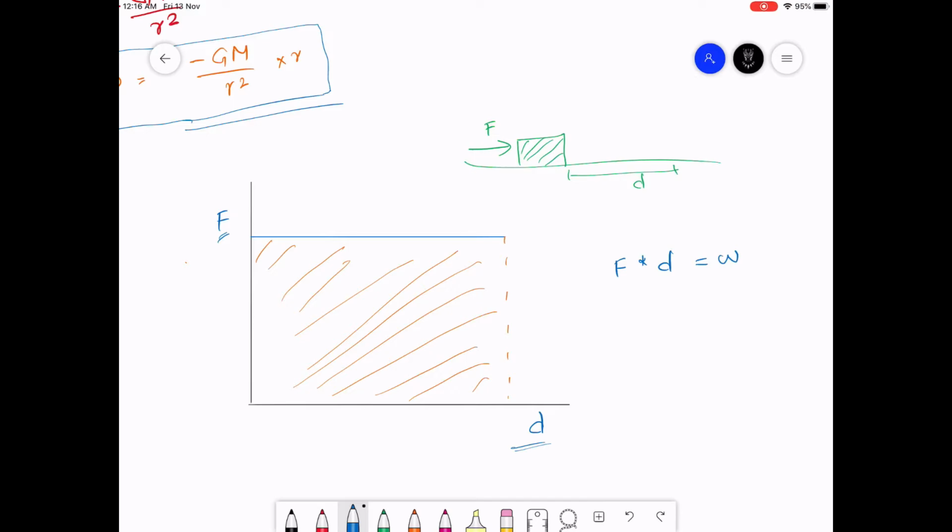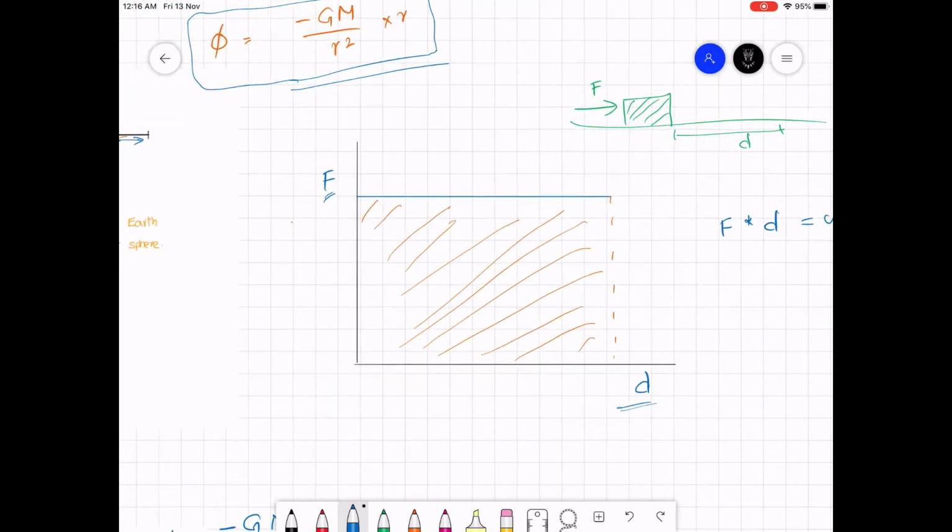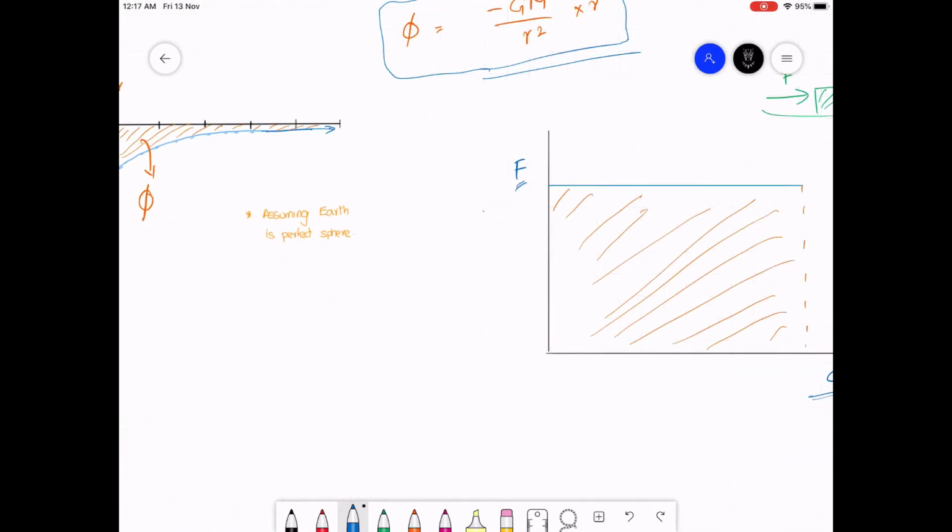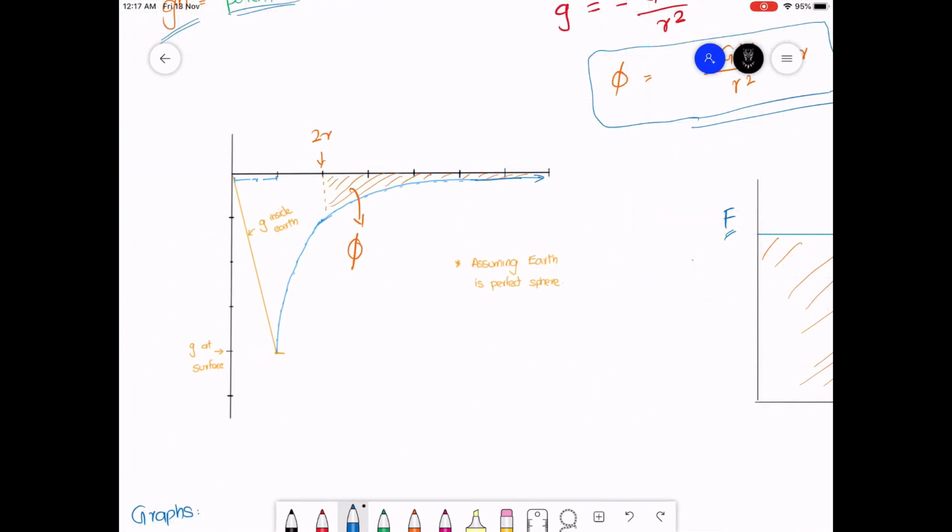So we can say that the area under a force-distance graph is the work done. But we can also say that the area under a field strength versus distance graph is going to give you the potential.